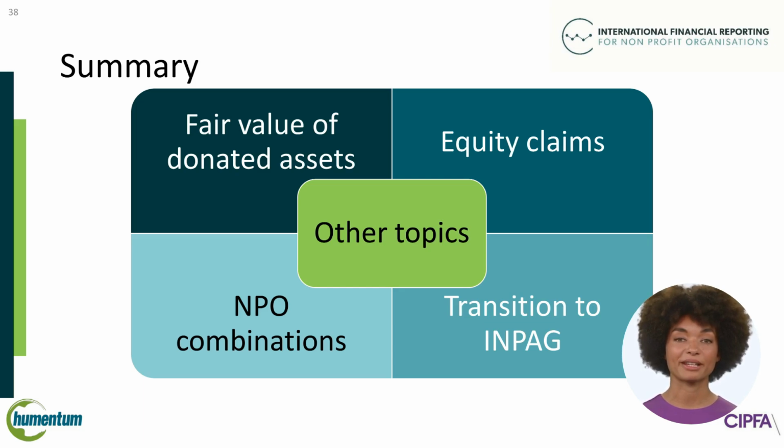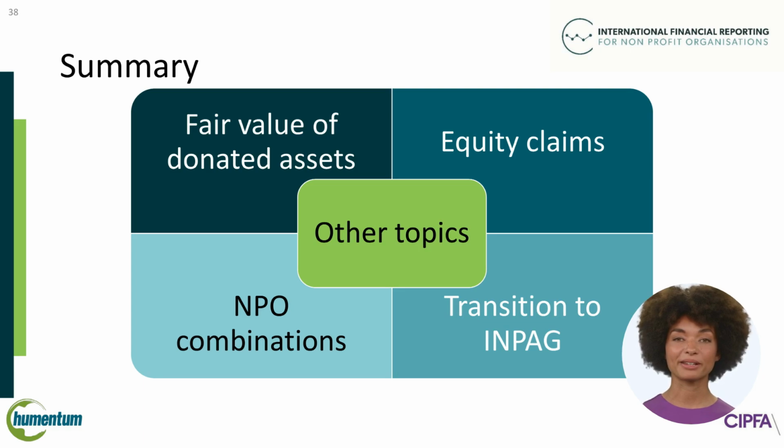As fair value is significant to donations in kind, additional application guidance has been developed, clarifying how to apply the fair value measurement requirements. The term equity has been removed as a financial statement element and replaced with net assets. Equity claims has been added as a term to describe equity instruments.